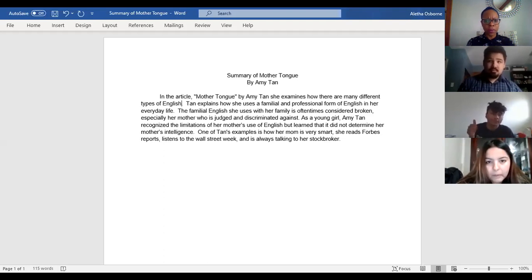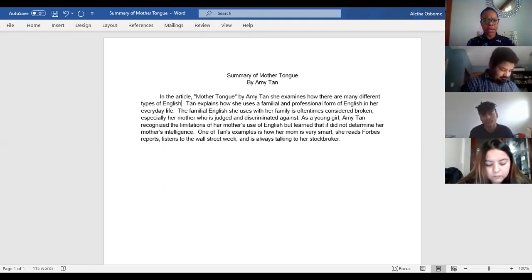Okay, let me read it one more time. In the article Mother Tongue by Amy Tan, she examines how there are many different types of English. Tan explains how she uses a familiar and professional form of English in her everyday life. The familiar English she uses with her family is oftentimes considered broken, especially, and I'll say her mother's use, which is judged and discriminated against.